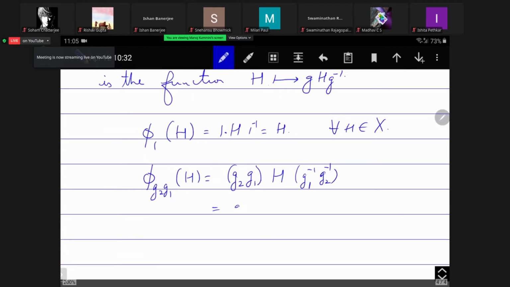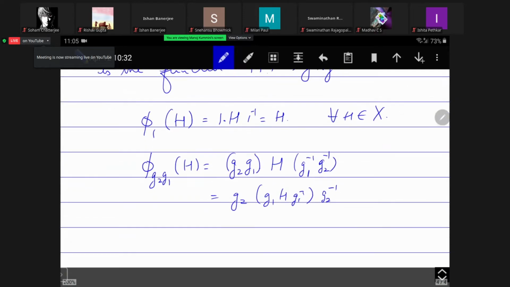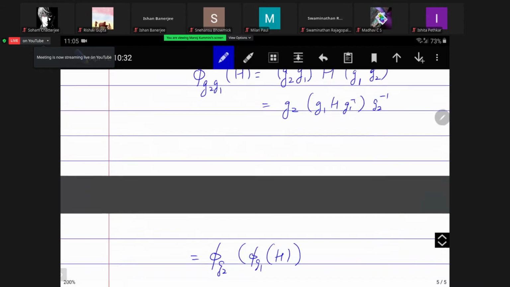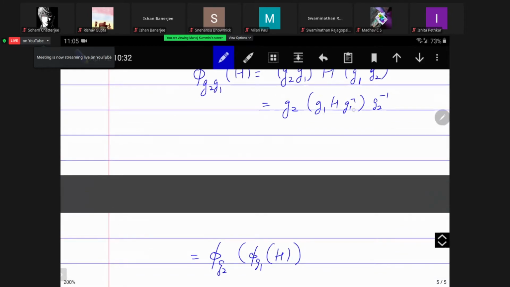But this by associativity is just G2 of G1 H G1 inverse, G2 inverse. And that is just phi of G2 applied to phi of G1 of H. Just the thing inside these brackets is phi of G1 H, and then there's a G2 times this times G2 inverse. That is just phi of G2.